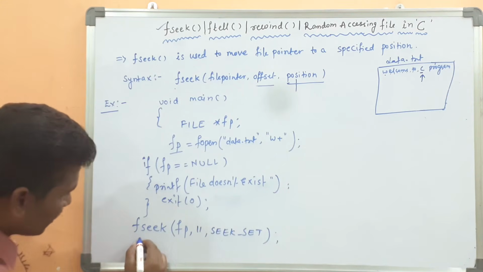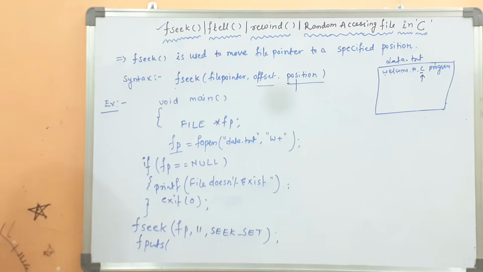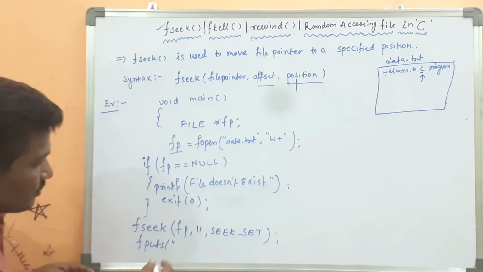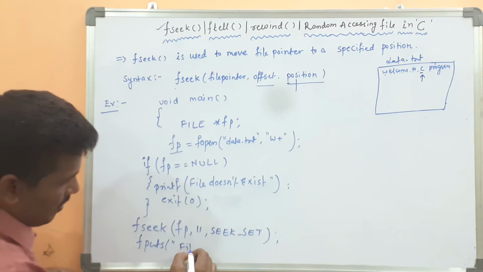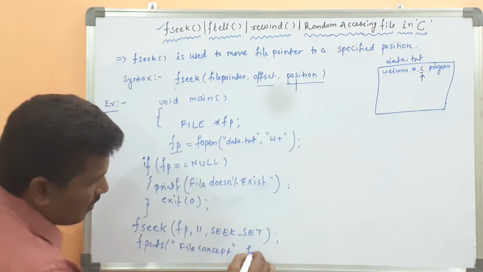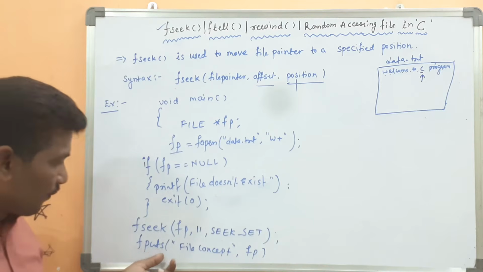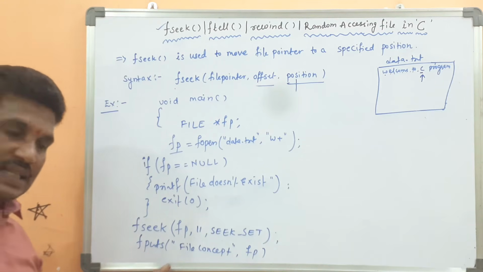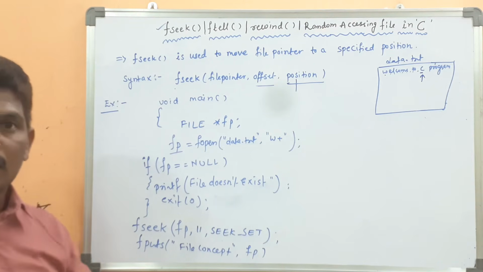Then if you want to write something, use fputs, for example "file concept", with fp. The s in fputs stands for string, so fputs can be used to write a string to a file.